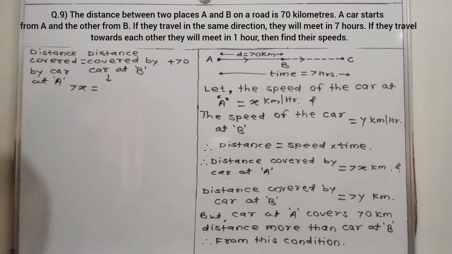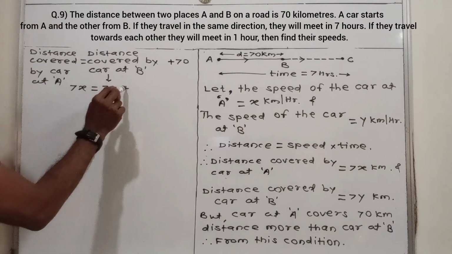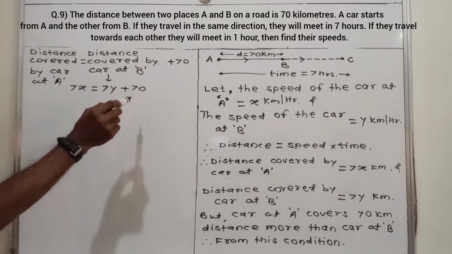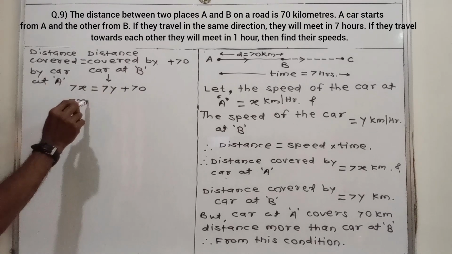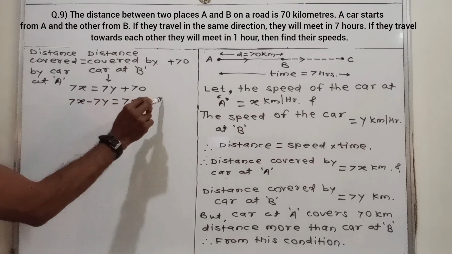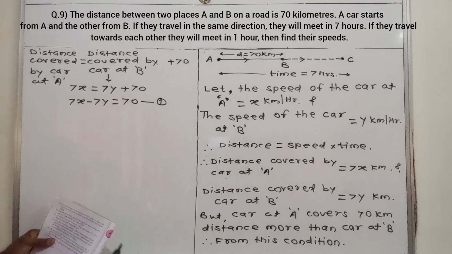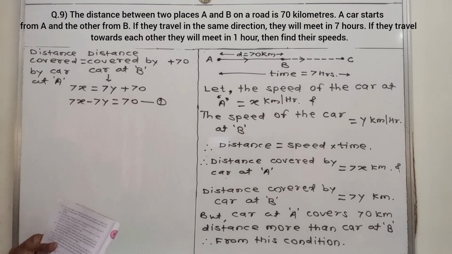Distance covered by car at B plus 70. Now all these are divisible by 7, but don't divide. Take 7y to the left side. Okay, this is our equation number 1. Did you get it? Very, very interesting example.